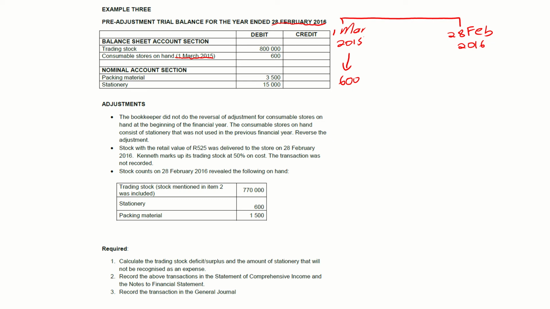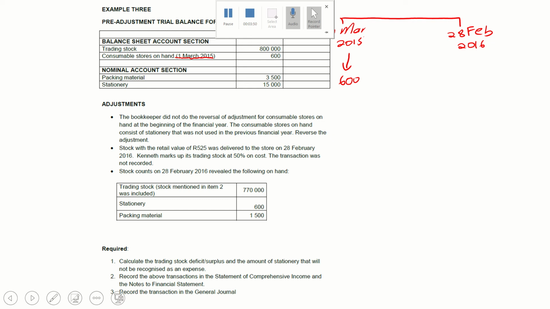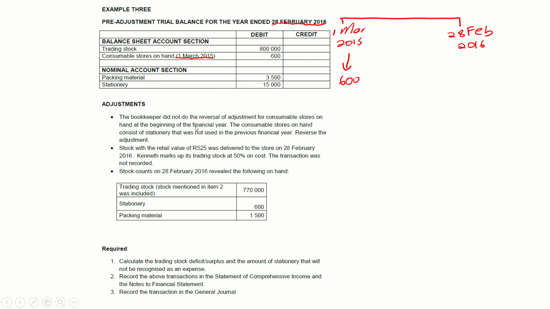The adjustment says, the bookkeeper did not do the reversal of adjustments for consumable stores on hand at the beginning of the financial year. So that was supposed to have been expensed.